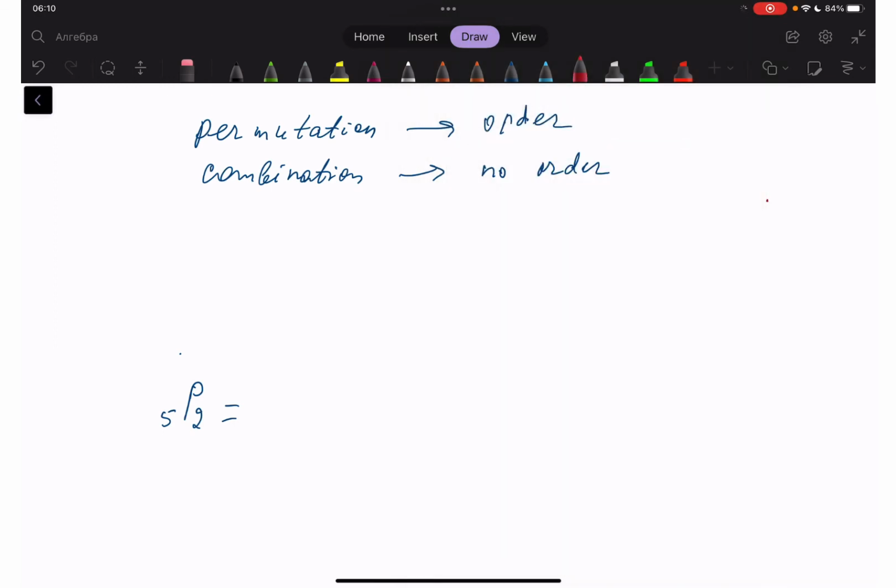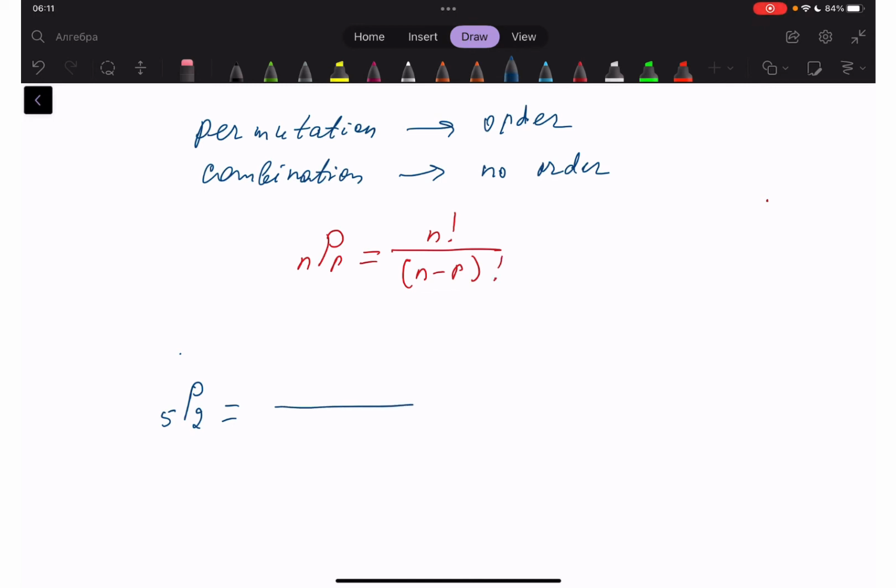So formula for permutation, r out of n. r is the amount that we select out of total, that is n. That's going to be n factorial over n minus r factorial. So let's solve it.